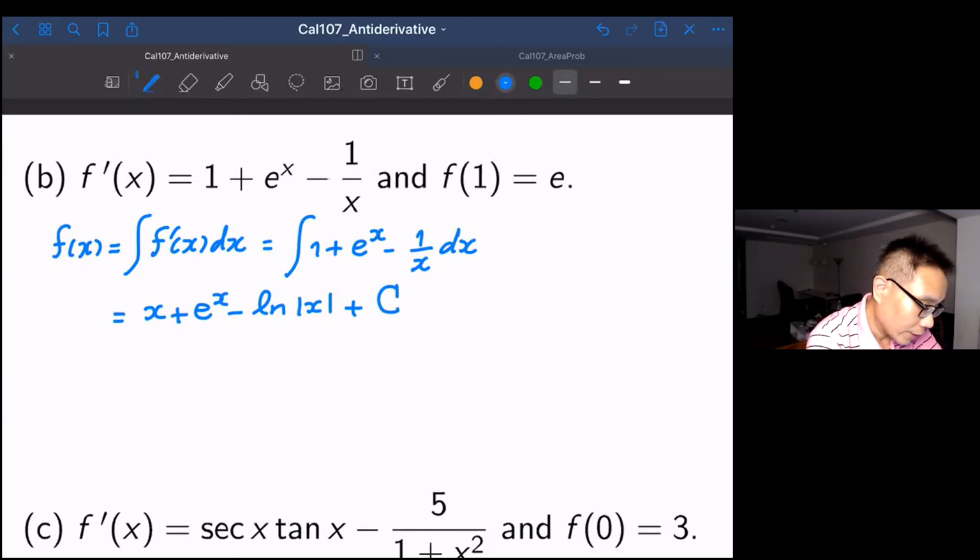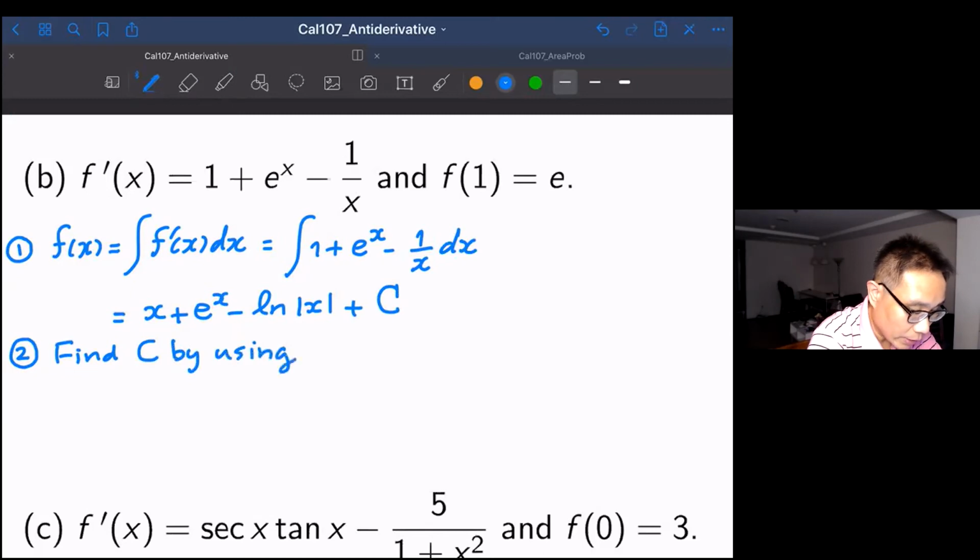So the second step, you're going to find c by using f of 1 equal to e. So in this case, you get e equal to f of 1.